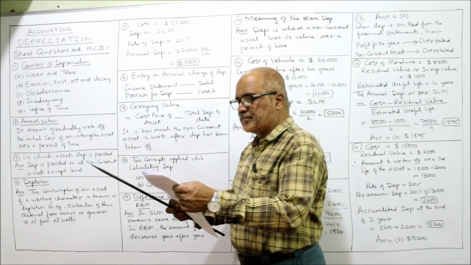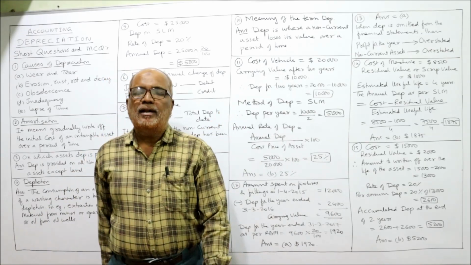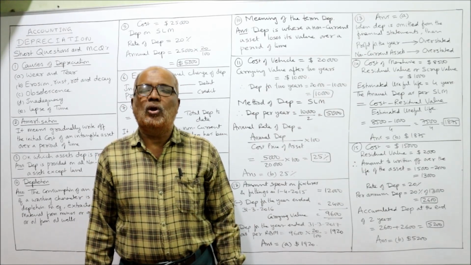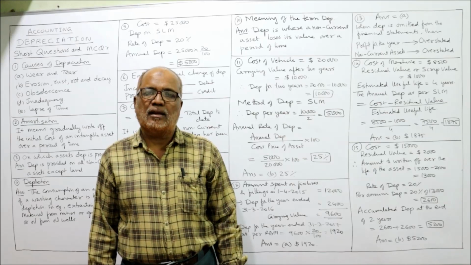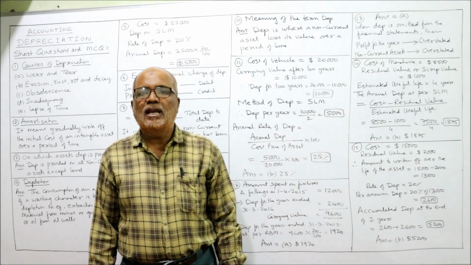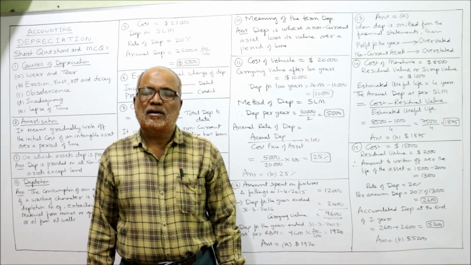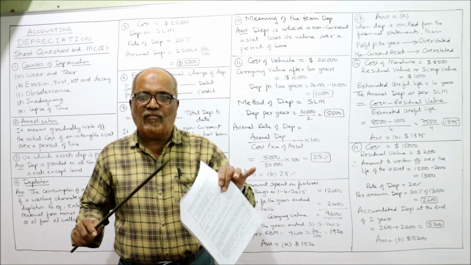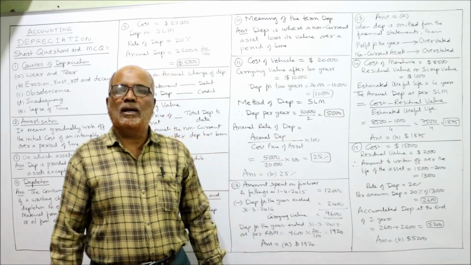Next, 10th question. Define the term depreciation. Depreciation is the decrease in the value of non-current asset due to wear and tear, lapse of time, obsolescence, inadequacy, or decay, rust, etc. So, decrease in the value of non-current asset over a period of time is called depreciation.